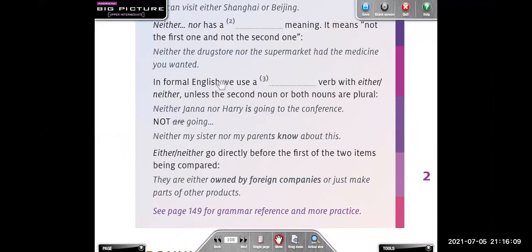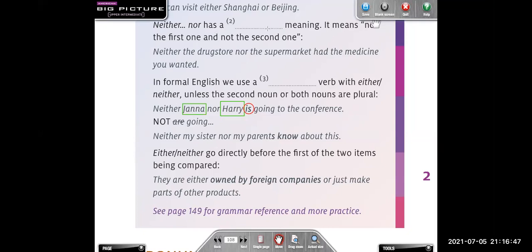Dice, in informal English, solo en inglés informal, we use a singular verb with either or neither, unless the second noun or both nouns are plural. ¿Ok? Vamos a hacerlo de nuevo. Como pueden ver acá en el primer ejemplo, Jana es singular y Harry es singular, ¿cierto? Aquí podríamos utilizar are, sería lo correcto. Pero como es inglés informal, utilizamos is. No hay problema, pero es informal. ¿Ok?